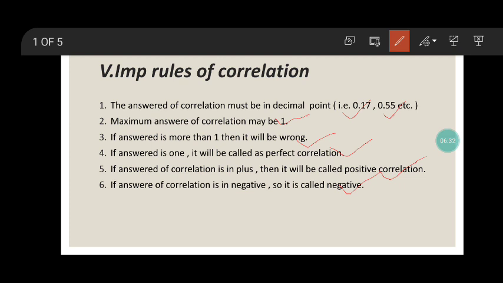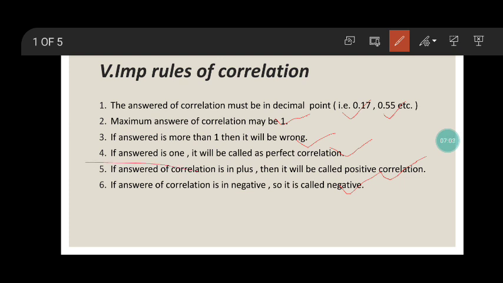Okay, so these are some very important rules of correlation that we need to keep in mind while solving the different numerical problems, so that it will help us check whether whatever numerical problem we have solved is correct or not. It will also give an indication that whatever answer we have calculated is correct or wrong.